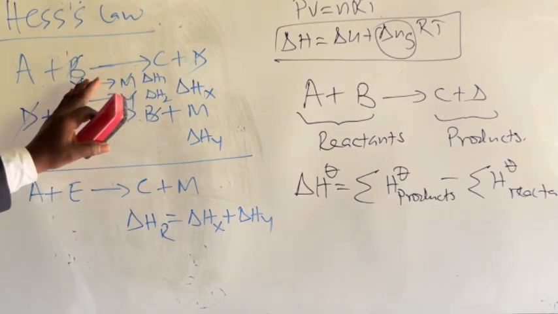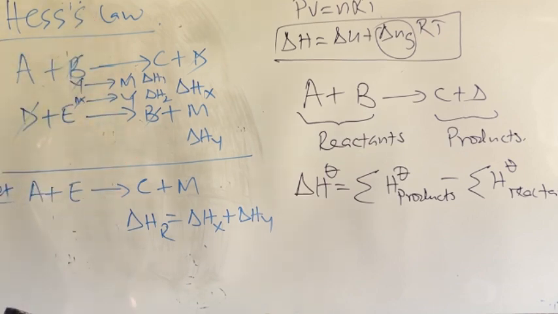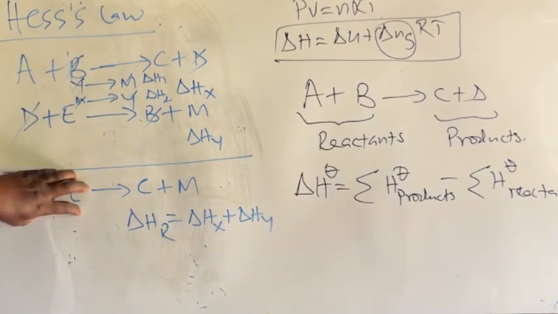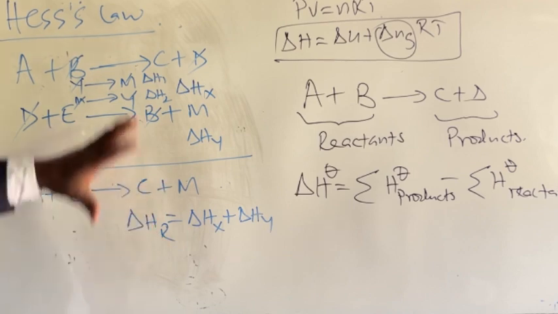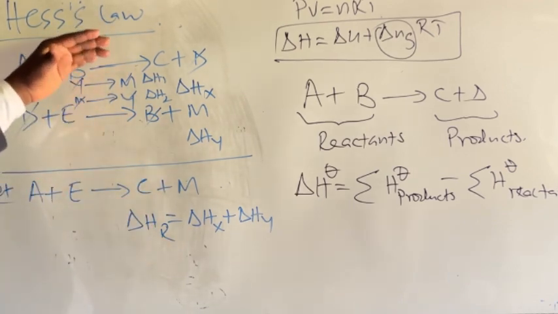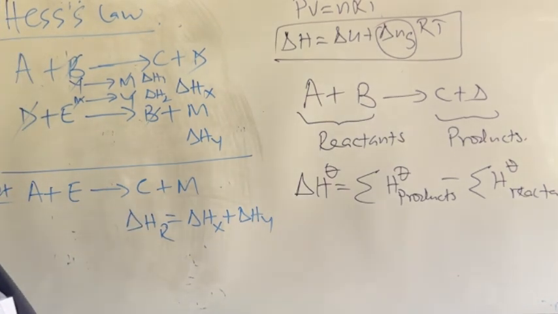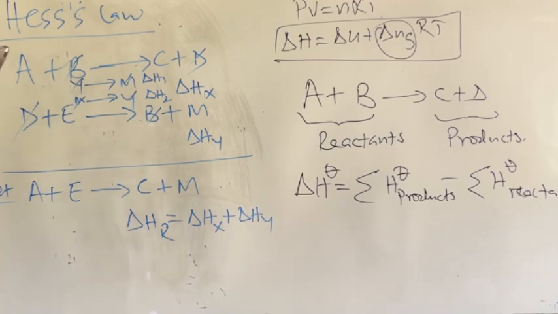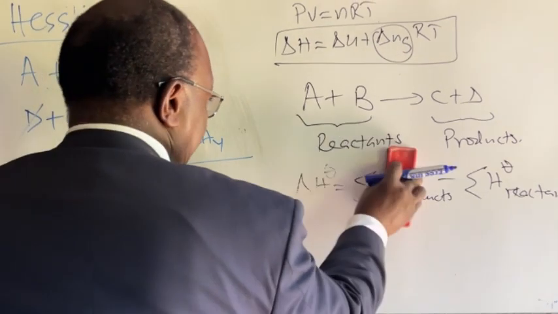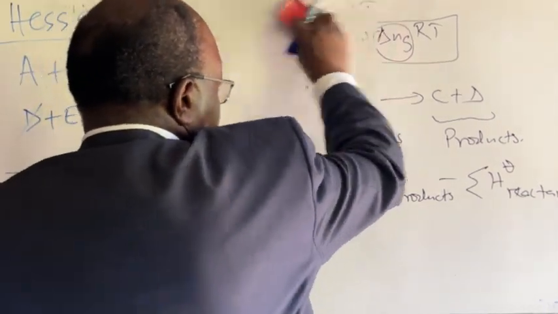It doesn't matter how many reactions you have. What matters is what the reactants and the products are. Even if you have 100 reactions added together to get this net reaction, when you add the enthalpies, the values will still be the same. And that's the beautiful thing about Hess's law of constant heat summation, based on these state functions.